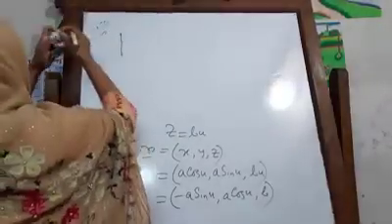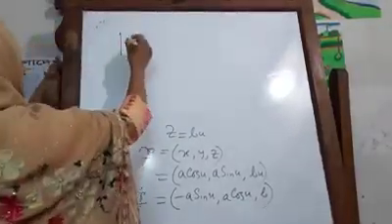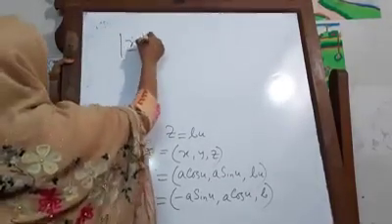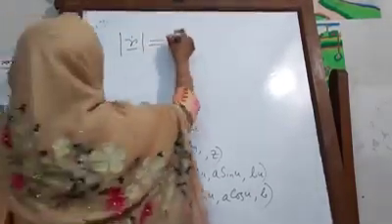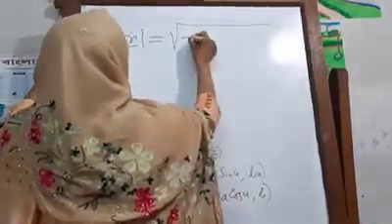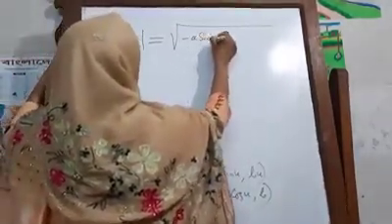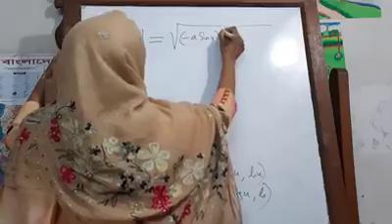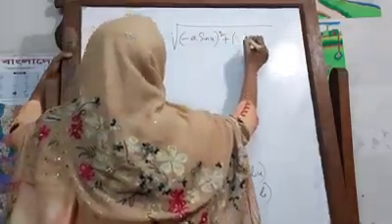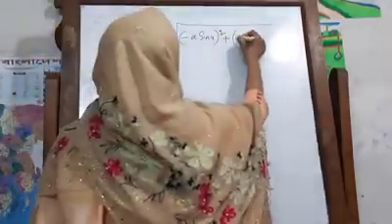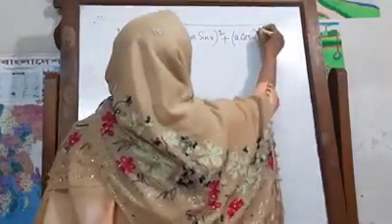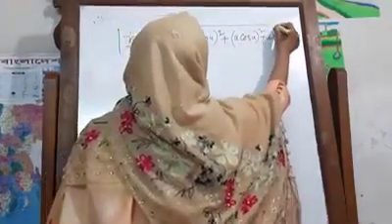The absolute value of r dot is equal to the root of minus a sin u whole square plus a cos u whole square plus b square.